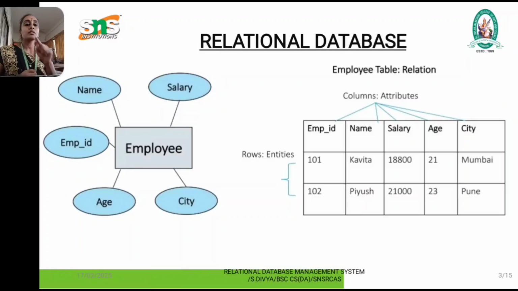So here the employee ID, name, salary, these are all called columns or attributes. The values of the attribute are taken as rows or entities. In the left diagram we explained that employee is considered an attribute, so the values of the employee are considered entities.